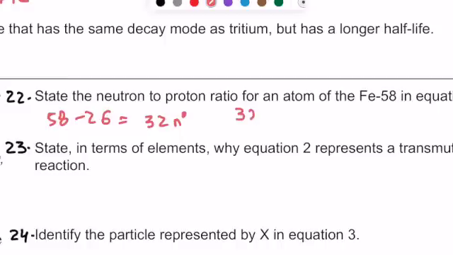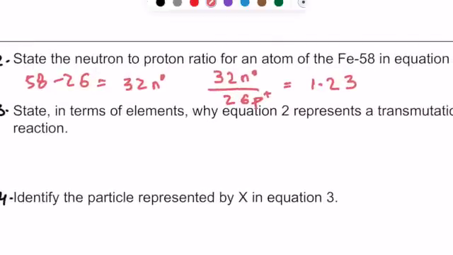So the ratio is going to be 32 neutrons over 26 protons. So that is about 1.23.